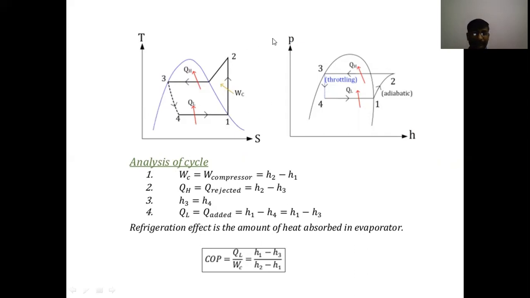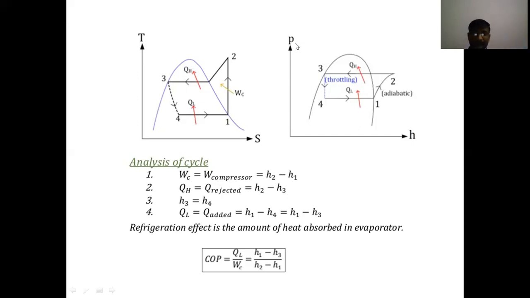This is the superheated region, this is the dry saturated vapor line, this is the dry saturated liquid line, this is the wet region, this is the subcooled region, and this is the critical point. Beyond that, vapor and liquid are in equilibrium.